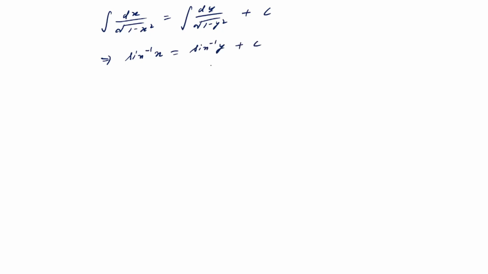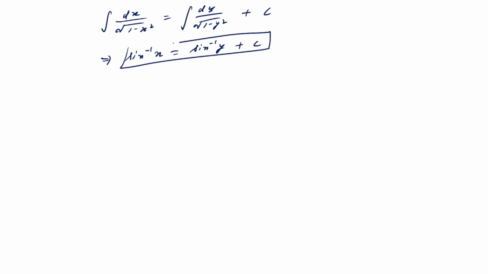Integration of dx upon under root 1 minus x square equals integration of dy upon under root 1 minus y square plus constant c. So what's your answer? You have the answer sine inverse x is equal to sine inverse y plus constant c.